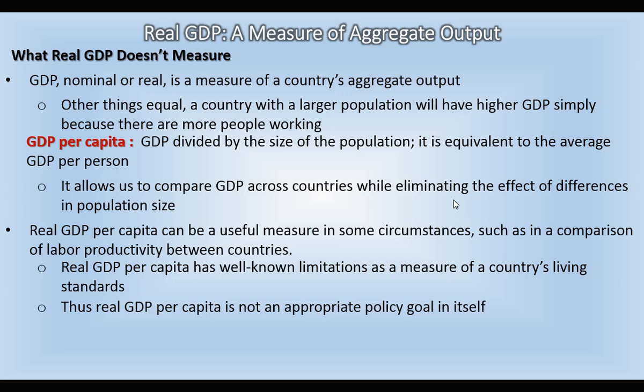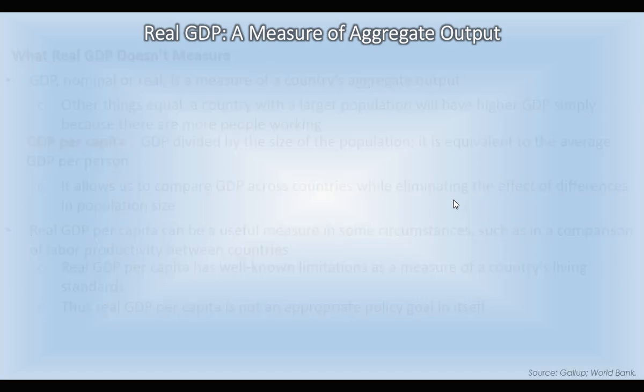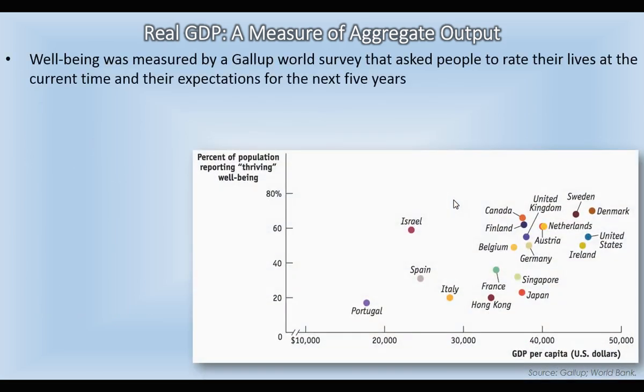And that's why it says that it's not used as an appropriate policy goal. So it's not a measure that we use to inform policy that our representatives, our governments make, that are meant to help improve standards of living, whether domestically or internationally.